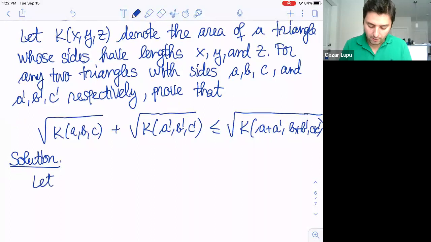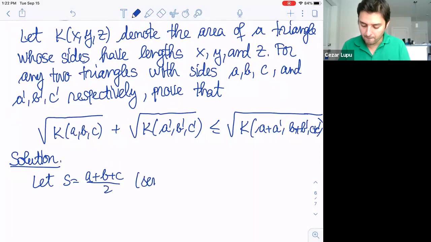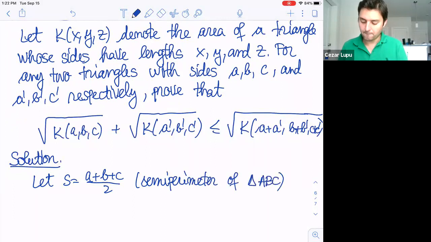So let's see. Let me denote S to be A plus B plus C over 2. This will be the semi-perimeter of the triangle ABC, right?